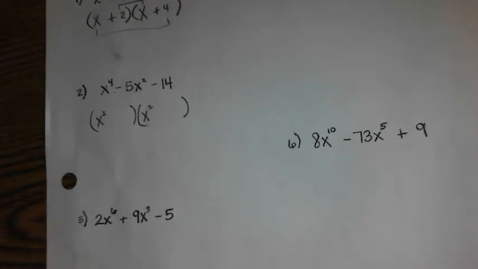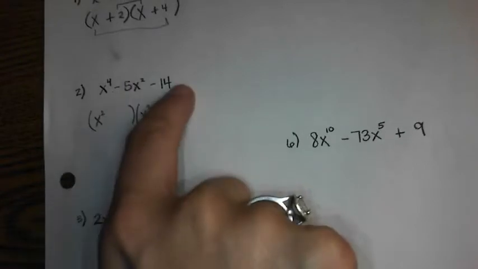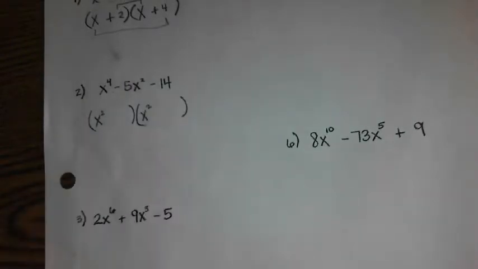For the 14, it's a negative 14, so I can do 1 with a negative 14, or I can do a negative 1 with a positive 14. I can do a 2 with a negative 7, or I can do a negative 2 with a positive 7. When you're multiplying to be a negative number, which the last two have to do, you need opposite signs.